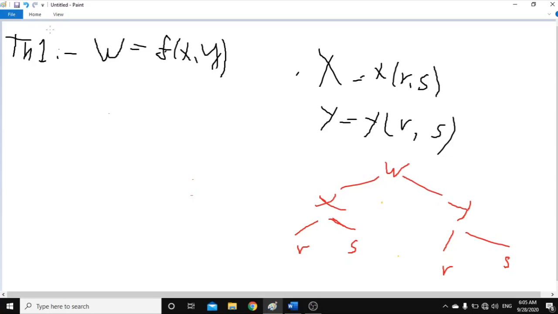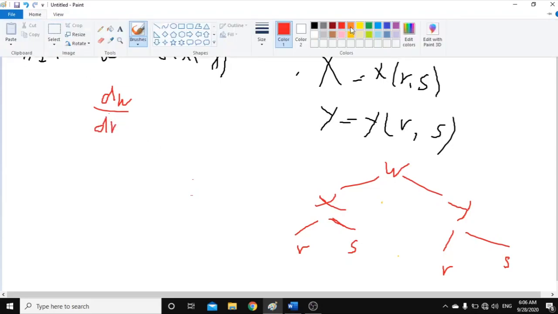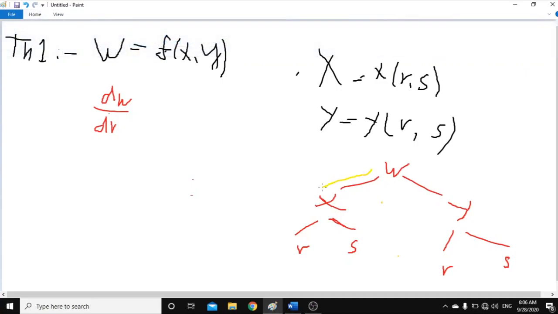If, let's say, for example, you want to find first the dw over dr, let's start with the r. So as you see here, the w goes to the x, and then x can go to r and s, but we want the r, so we will take the r way. And w can go to the right side, to the y, and then I want it to go to the right, so it can go to the r.